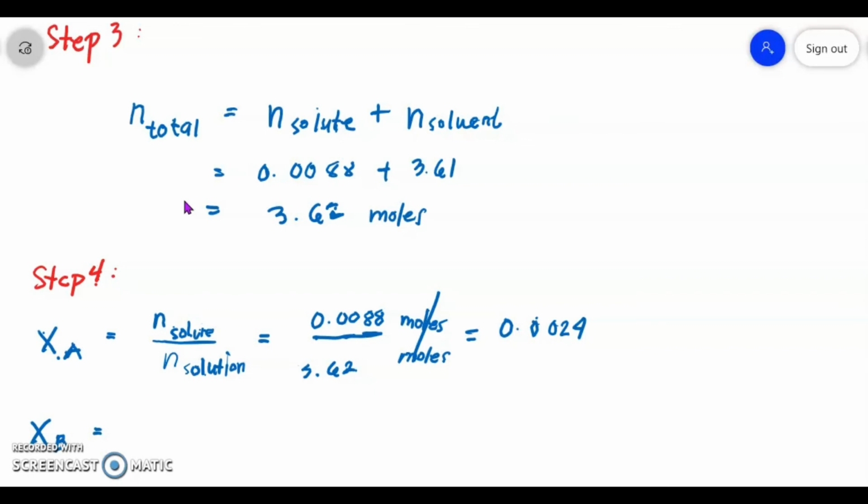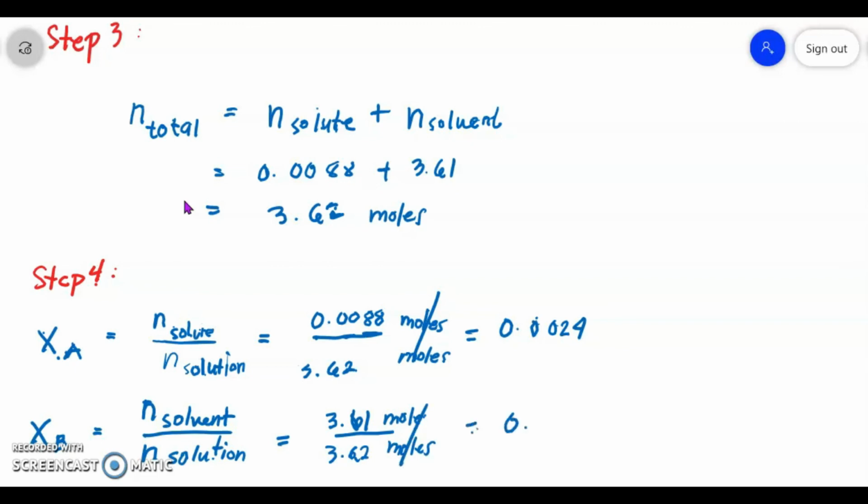Solvent, 3.61 moles divided by 3.62 moles. So we have 0.997.